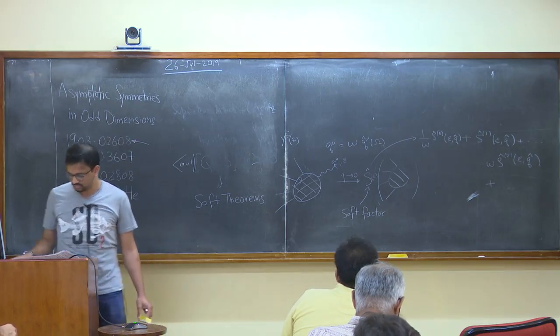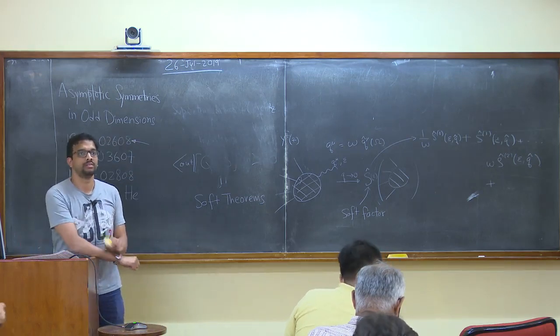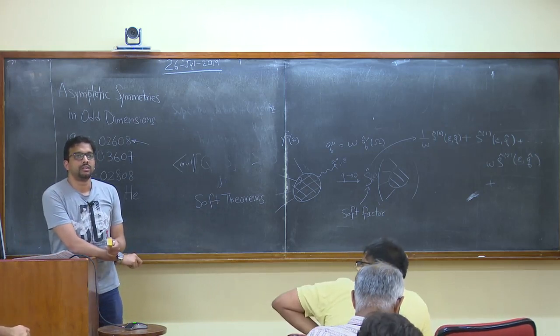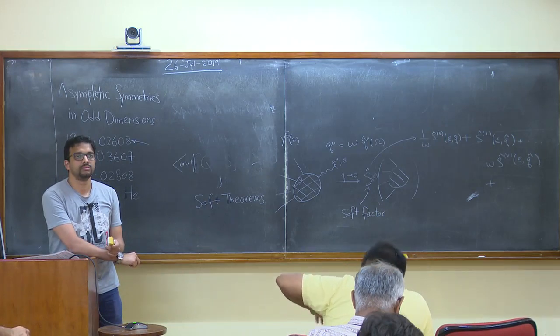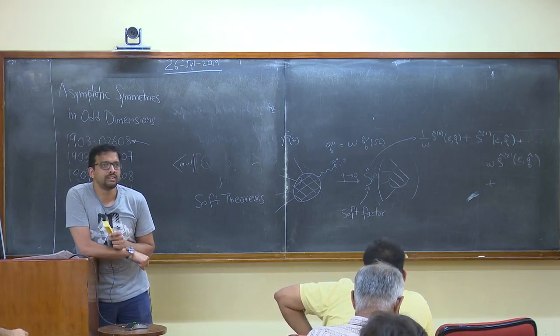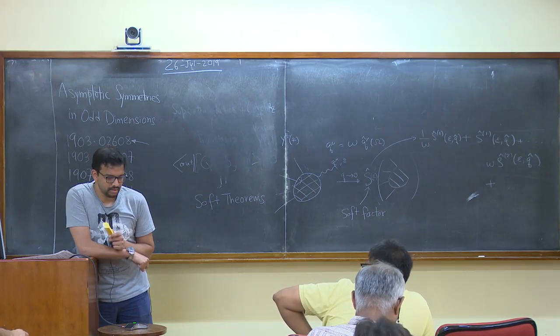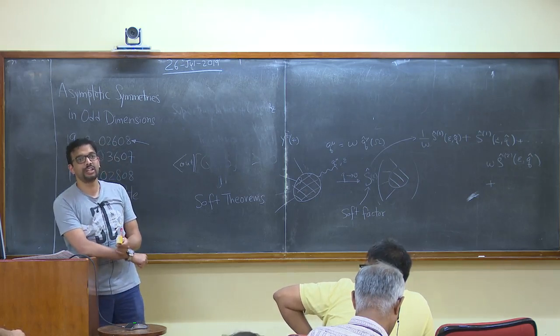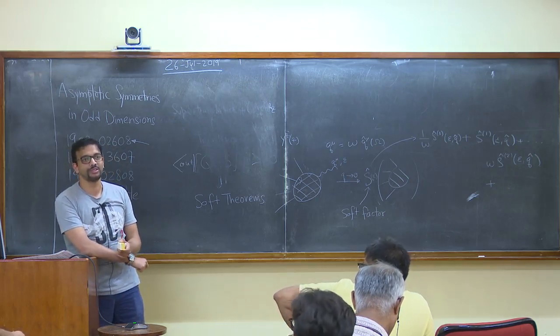So is there some statement that you expect about the memory in odd dimensions from your work? Unfortunately, it looks like there is no memory in odd dimensions, which is the confusing part.